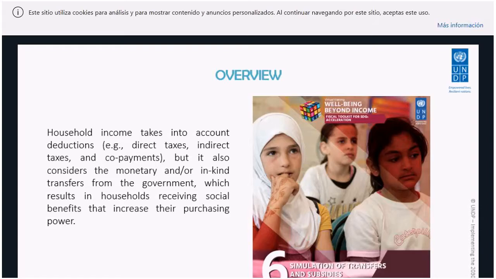So at the end, and this is the microsimulation. The microsimulation consists precisely on changing those individual elements in amounts or in rates. It depends on the reform, but let's say that one potential reform is to increase the amount of the transfer of the flagship conditional cash transfer program.